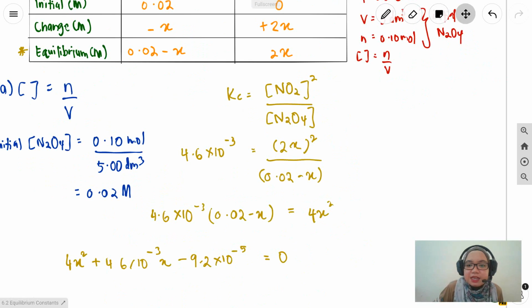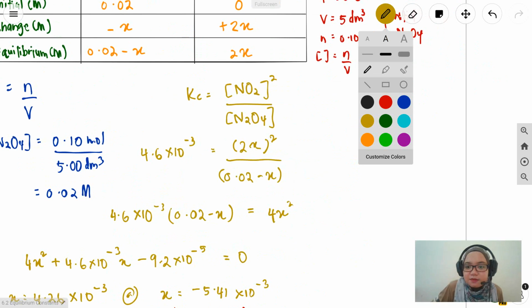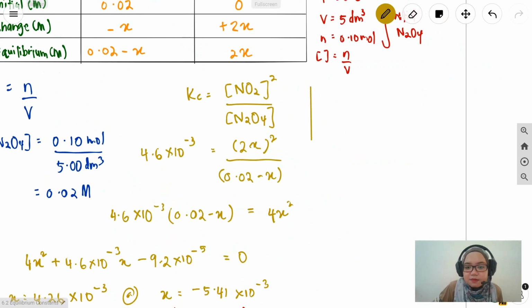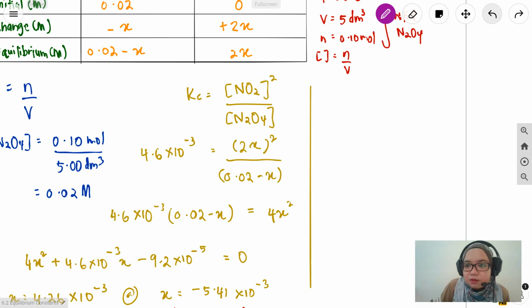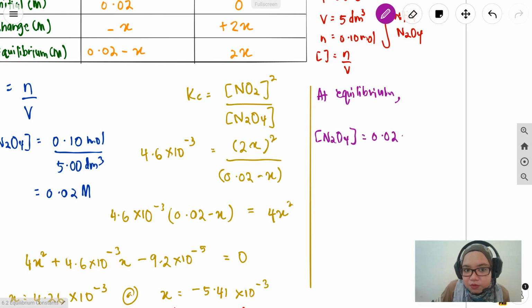So now you can get here, at equilibrium, the concentration of N2O4 is equals to 0.02 minus X. So X is equals to 4.26 times 10 negative 3, right?